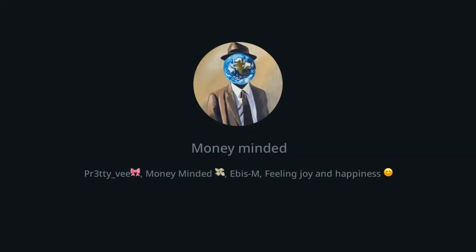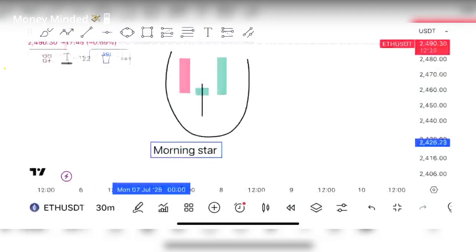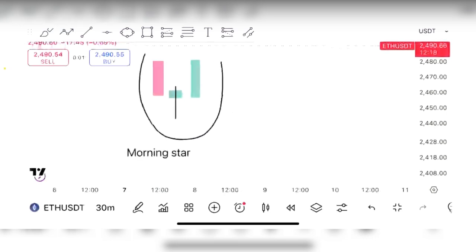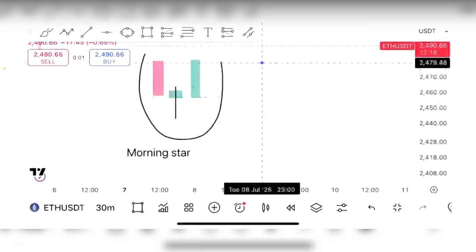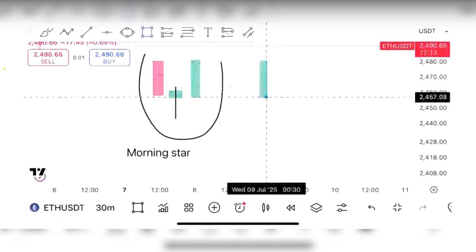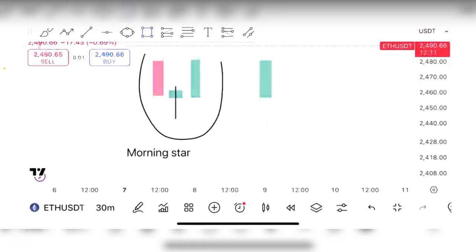So the next will be, this is the evening star confirmation.